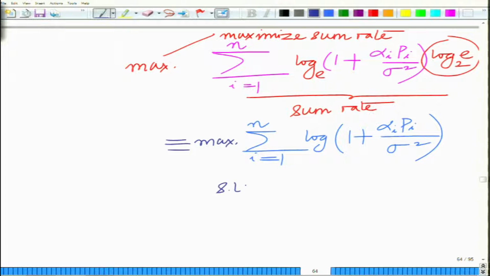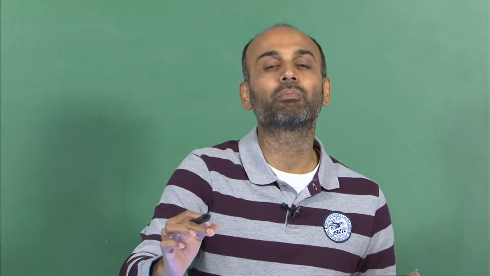Now, in any practical system, naturally there is going to be a constraint. What is the constraint? We do not have unlimited power. The total transmit power is a fixed quantity. So the sum of the powers P i across all these channels has to be fixed, and that is given by the total transmit power of the transmitter, the maximum possible transmit power.